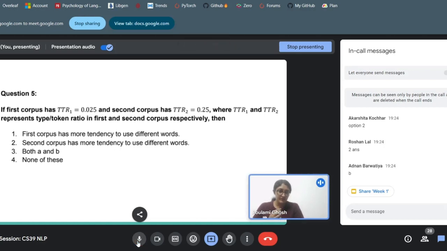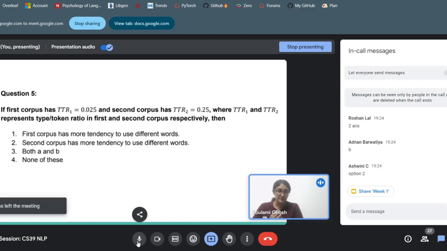Okay, Akarshita, Roshan, and Adnan have said it's option 2. I'd also like to see what answers others are getting. Let's wait for one more minute.